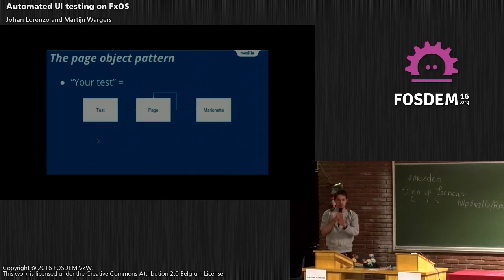For each HTML page you have a page class that represents it and represents what the user can do. For example, on the login page, you expose how to fill the login, the password, and how to enter these credentials.